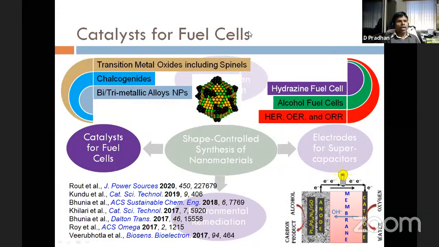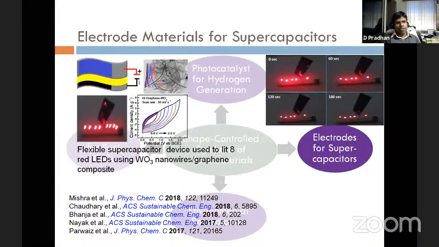We also work on catalysts for different kinds of fuel cells. We have studied so far hydrogen fuel cells, alcohol fuel cells, and different types of reactions such as hydrogen evolution reaction, OER and ORR, all kinds of things we do. In addition, many of the materials that we synthesize are suitable for supercapacitors, and we have a lot of facility available for electrochemical study.